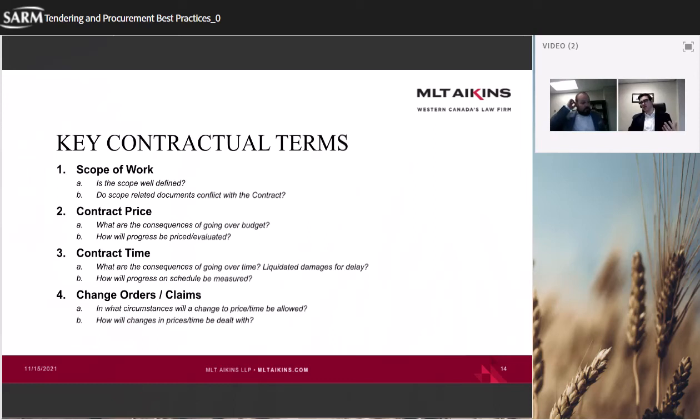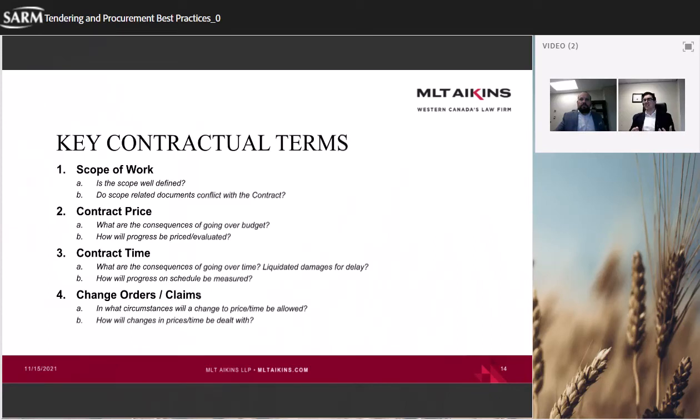Another one we didn't spend a lot of time on is change orders and claims. If you have poor scopes and wrongly assigned risk and those kinds of things, you're going to see change orders, you're going to see claims. And so how are you going to deal with those? Is your contract going to button them up and limit them? Is it going to leave it open?